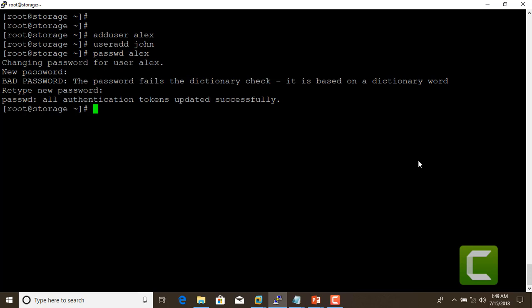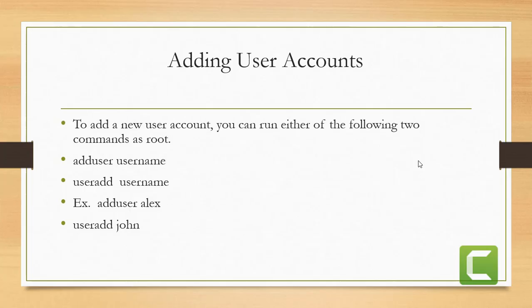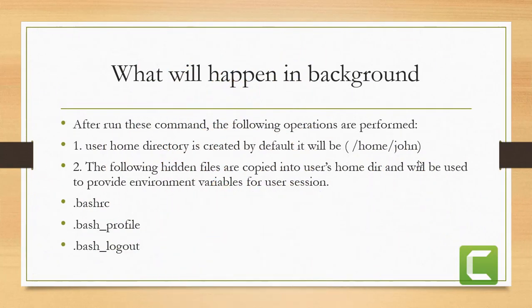Okay, so let's come back to my PPT. So we run the command useradd and add a user, whatever you like. Most people don't know what happens in the background. So I will tell you what exactly happens after running that command.